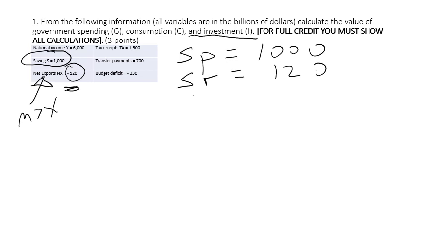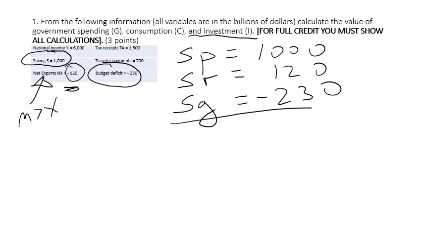And of course we have SG. Well, let's see. It's a government budget deficit, negative $230 billion. So the government needs this money, so they're going to be withdrawing this amount of money from the domestic financial pool. So how much will they be withdrawing? They'll be withdrawing negative 230.